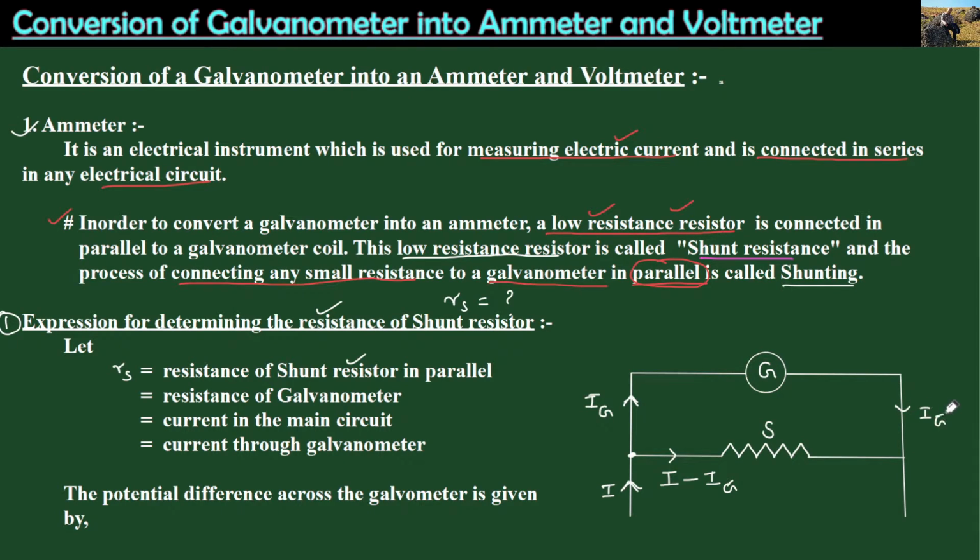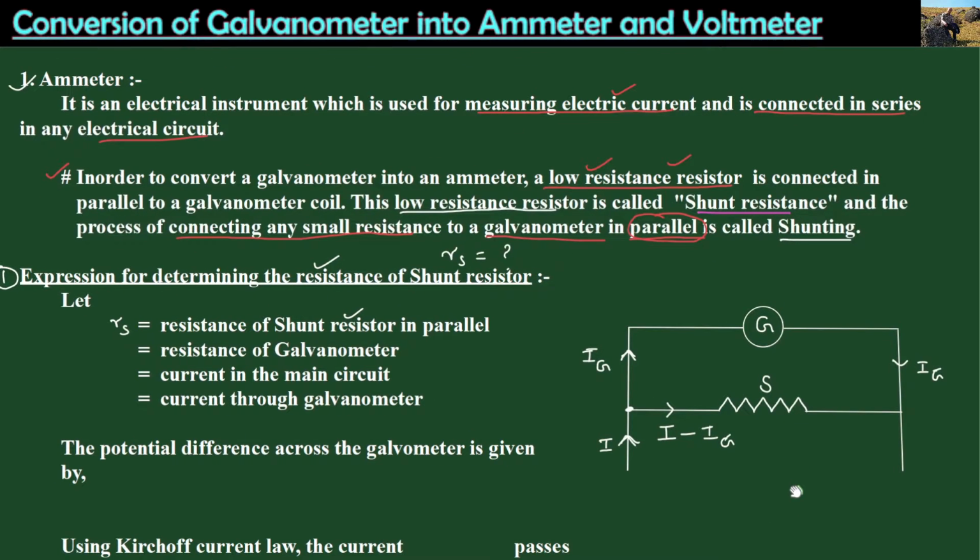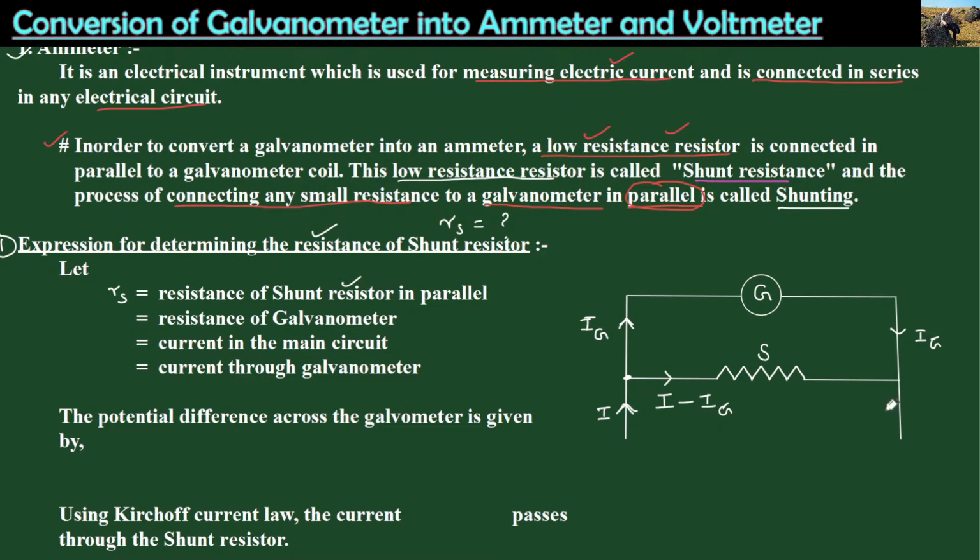Then, if you keep on applying Kirchhoff's law, at this particular point, which is also a junction point, we find that this current is approaching this point, and this current is also approaching this point. We want to find out what will be the current across this branch. With respect to this arm, the current across that branch will be I minus Ig.